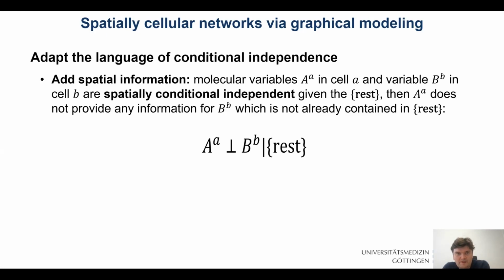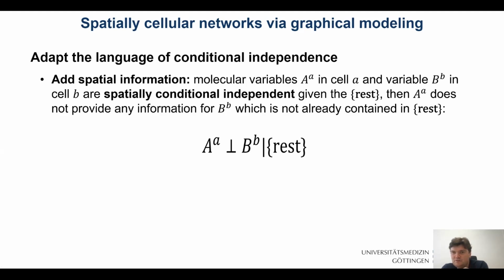to basically formulate what we call spatially conditional independence. In other words, I have molecular variables now in different cells. So for instance, a molecular variable capital A in cell small a, which is shown here as capital A with superscript a.